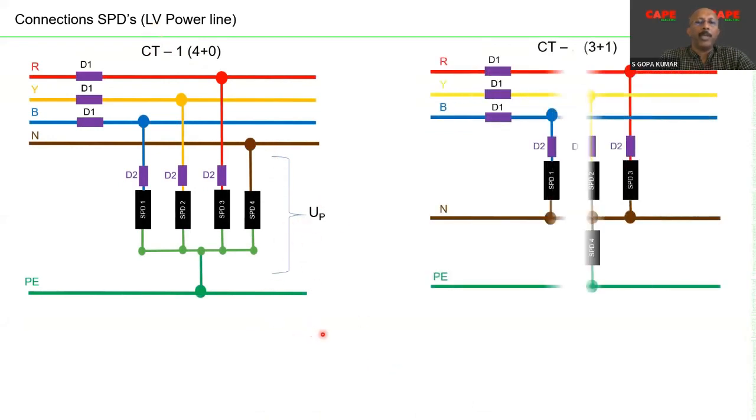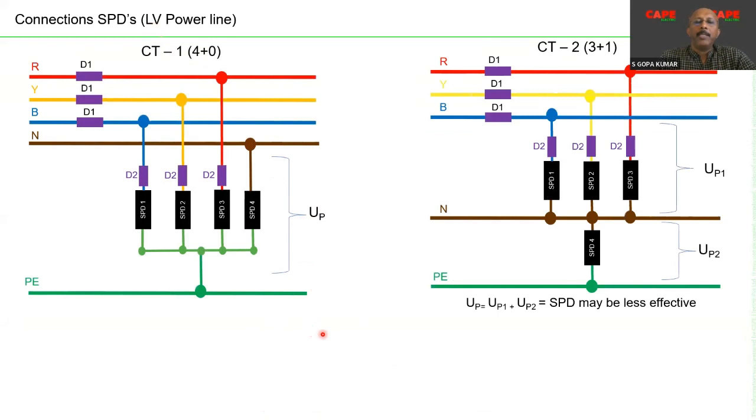Here, for connection type 1, the protection level between all the live conductors and the earth, I have put as Up. In the first condition, there shall be an SPD between all the live conductors and the earth. Now, in the second connection, between the phase and the earth, you actually have 2 series-connected SPDs.